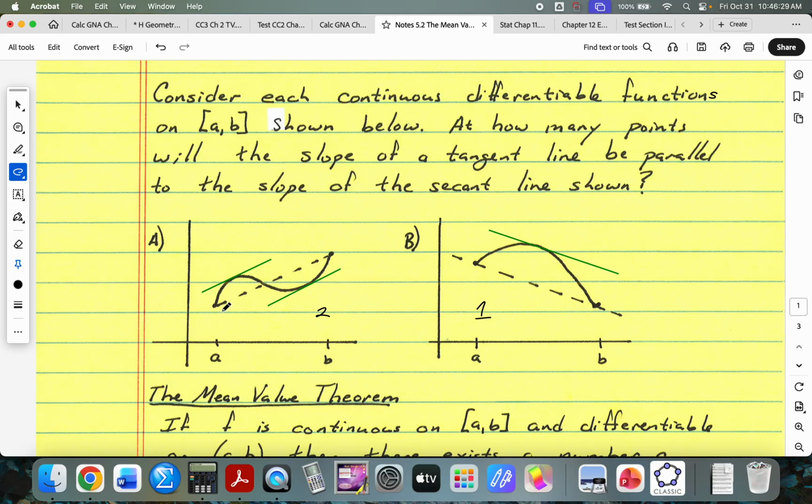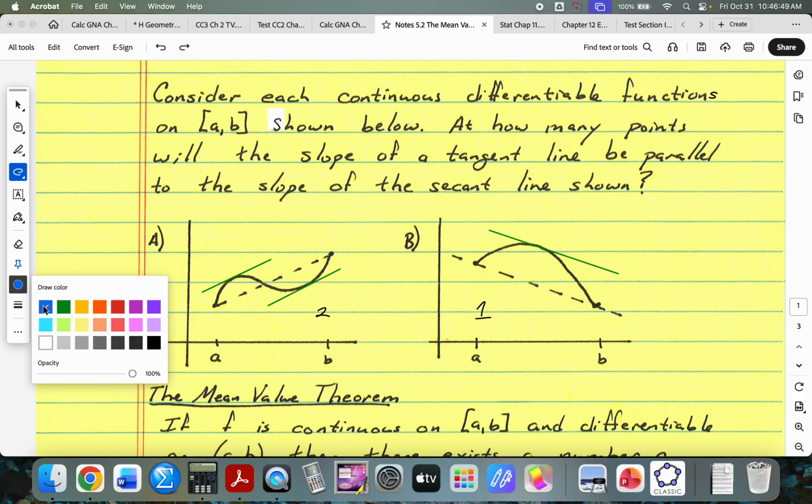Well, okay, so let's say that we just joined it with this line. Well, every tangent line is parallel because every tangent line is that line. The only way that it could work would be if this line wasn't differentiable someplace.